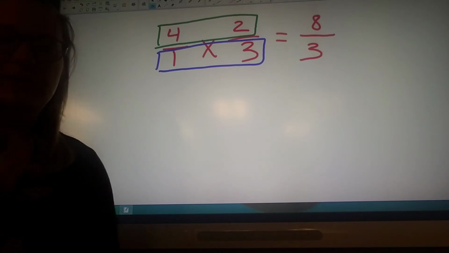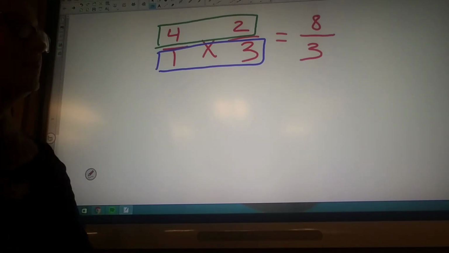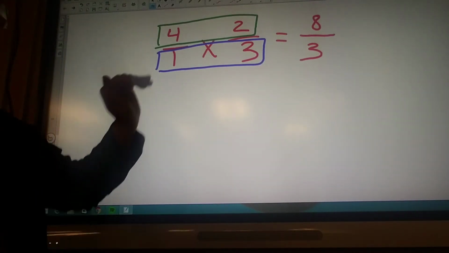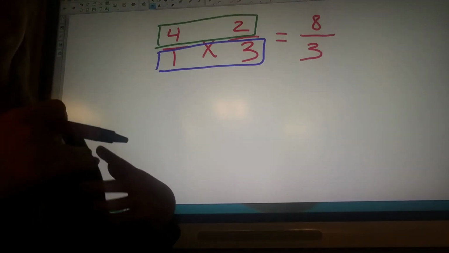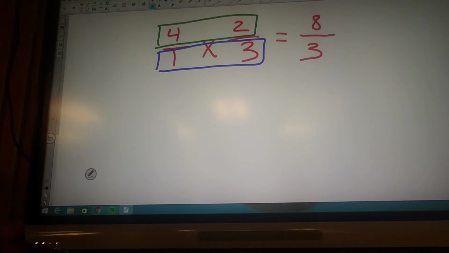Okay. So thinking back to our other fraction lessons, if the number at the top, the numerator, is bigger than the number at the bottom, it's called improper, right? Because it's not in the right form. It's not in the form that's easiest to work with because we want the smaller number to be on the top. So to do that, you're going to have to make it into a mixed number.